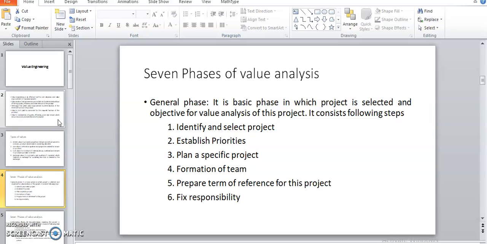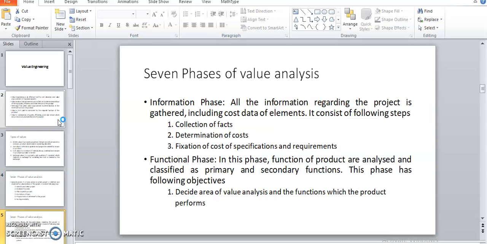For defining the area and objective of the project, we define six elements: identify and select the project, establish priorities, plan the specific project, form the team, prepare the team's terms of reference for the project, and give responsibilities.